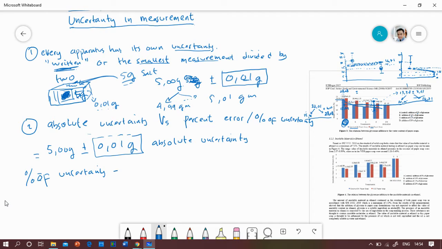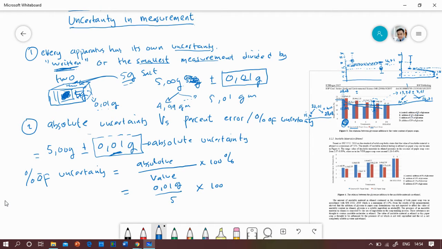So the formula for the percentage of uncertainty will be the absolute uncertainty divided by the data value, times 100. So the percentage of uncertainty will be 0.01 gram, this is the absolute, divided by the value of our measurement, 5 gram, times 100.